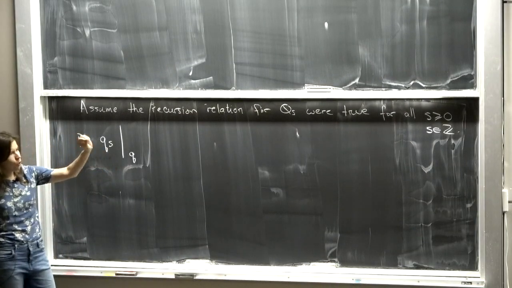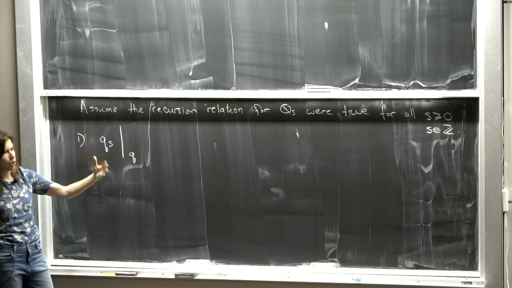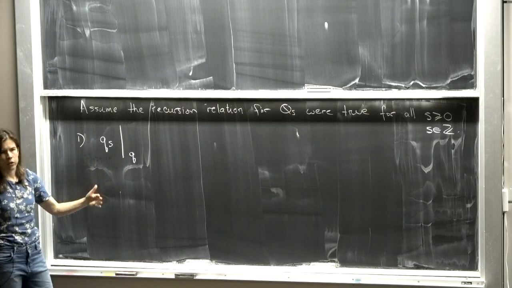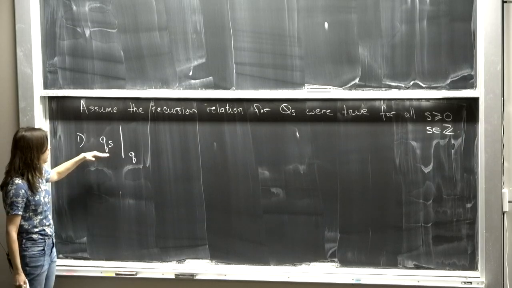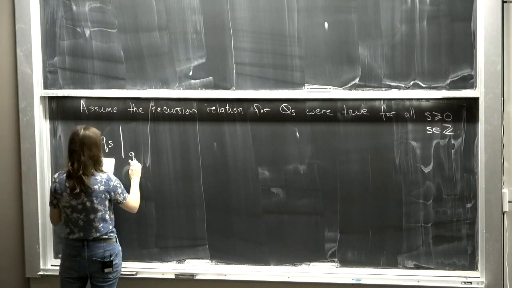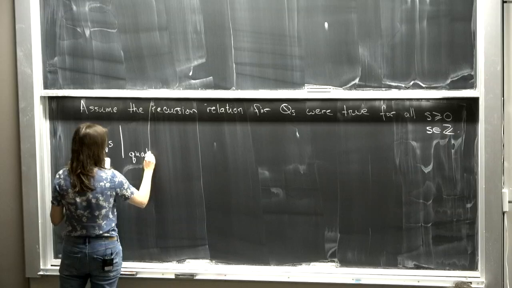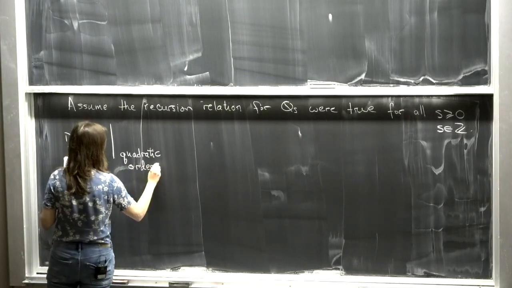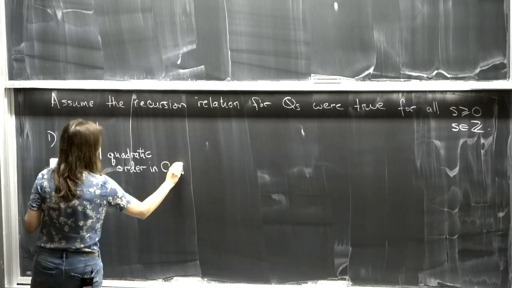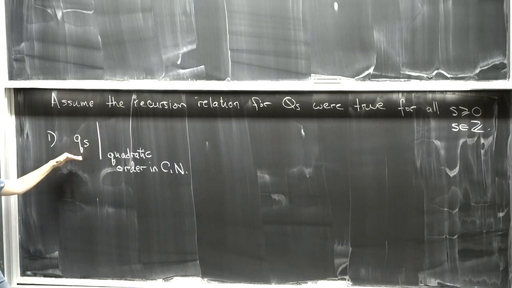One has to first solve that recursion relation in terms of C and N, the variables on the gravitational phase space. Then one can take this limit and truncate it to quadratic order in C and N. So in general, these are going to be nonlinear quantities.